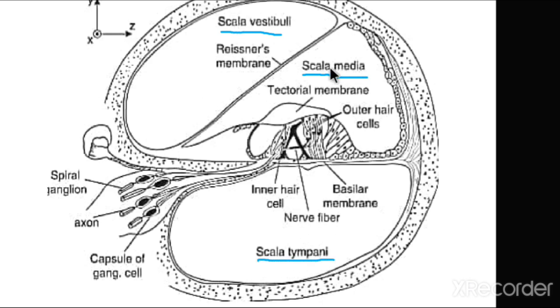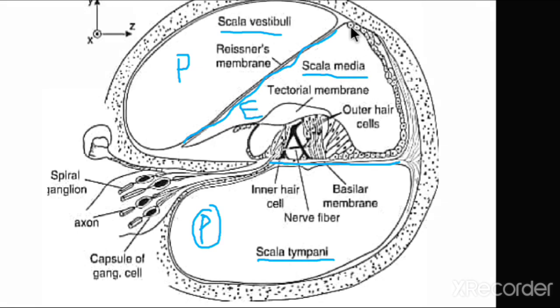The scala vestibuli and scala media are separated by the Reissner membrane, and scala media and scala tympani are separated by the basilar membrane. The scala vestibuli and scala tympani are filled with perilymph, but the scala media is filled with endolymph.